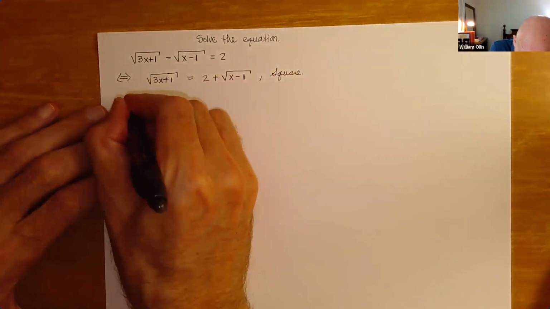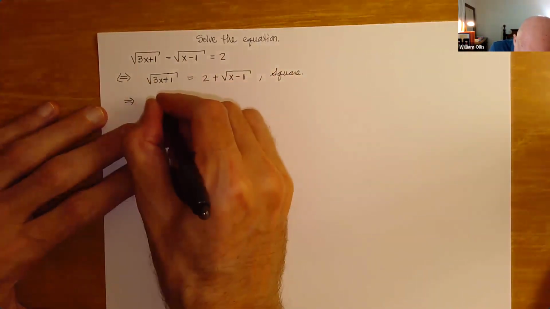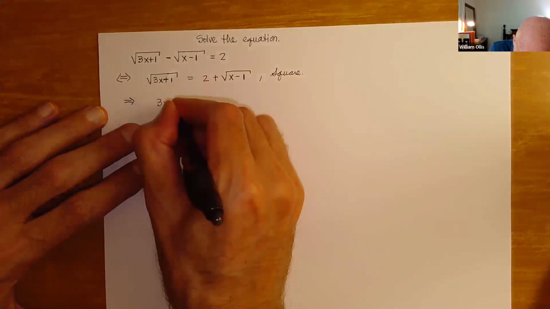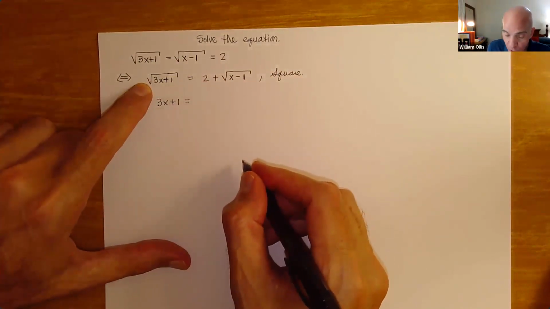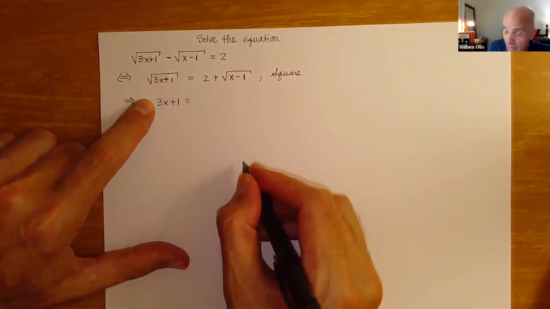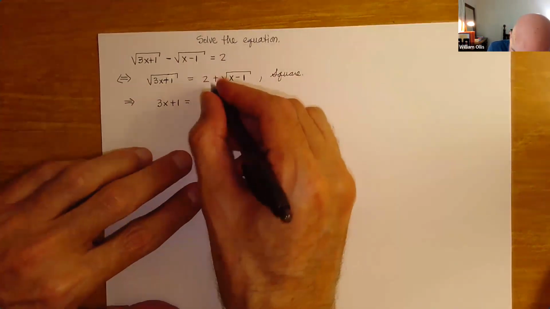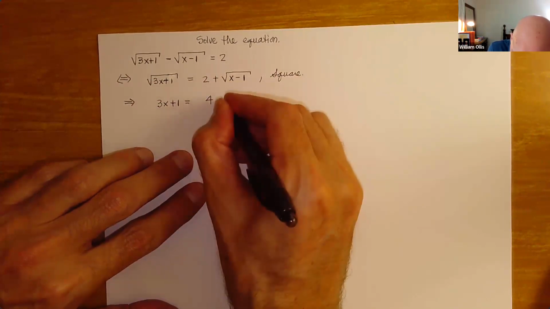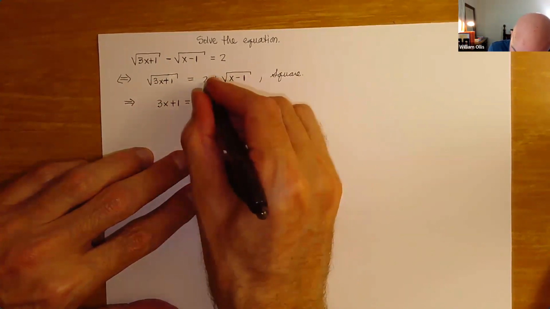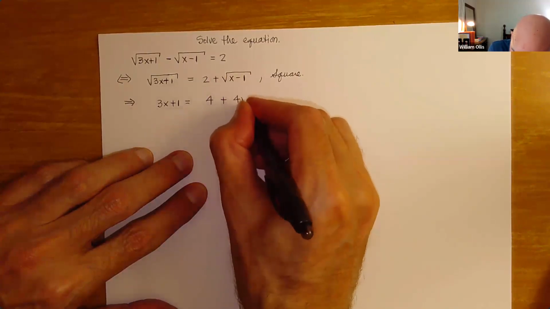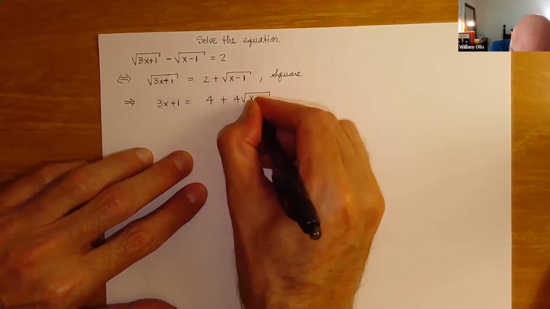So the squaring process will give us 3x plus 1. Again, we square the radical and it's gone. We don't have to write the square part. We know that accomplishes that quickly. And then we square the 2, get a 4. And then, of course, the product of these two terms times 2. So that's a 2 times a 2, so 4 square root x minus 1.